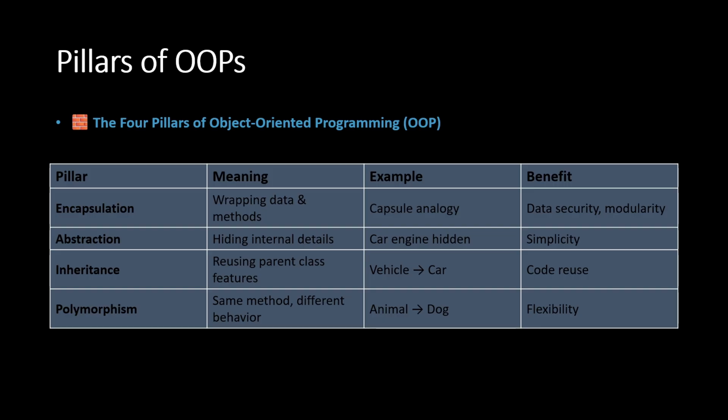And the next pillar is polymorphism. Polymorphism means the same method with different behavior, just like in the paint application there is a selector, and that selector sometimes works as an eraser, sometimes is used for writing something. And another example is a class of animal.